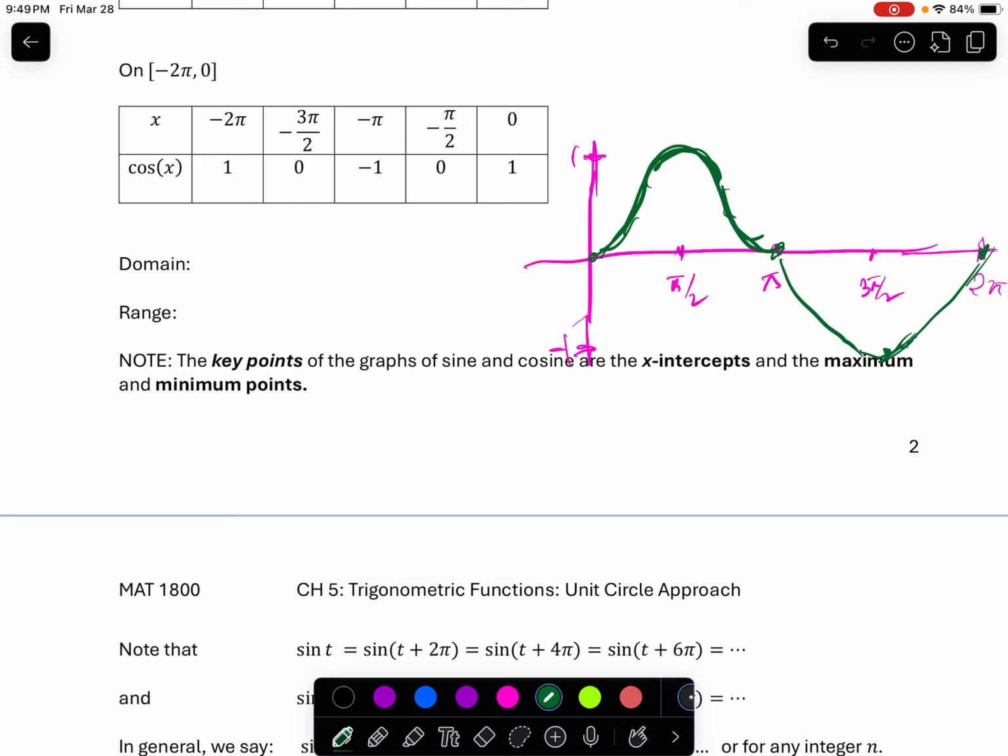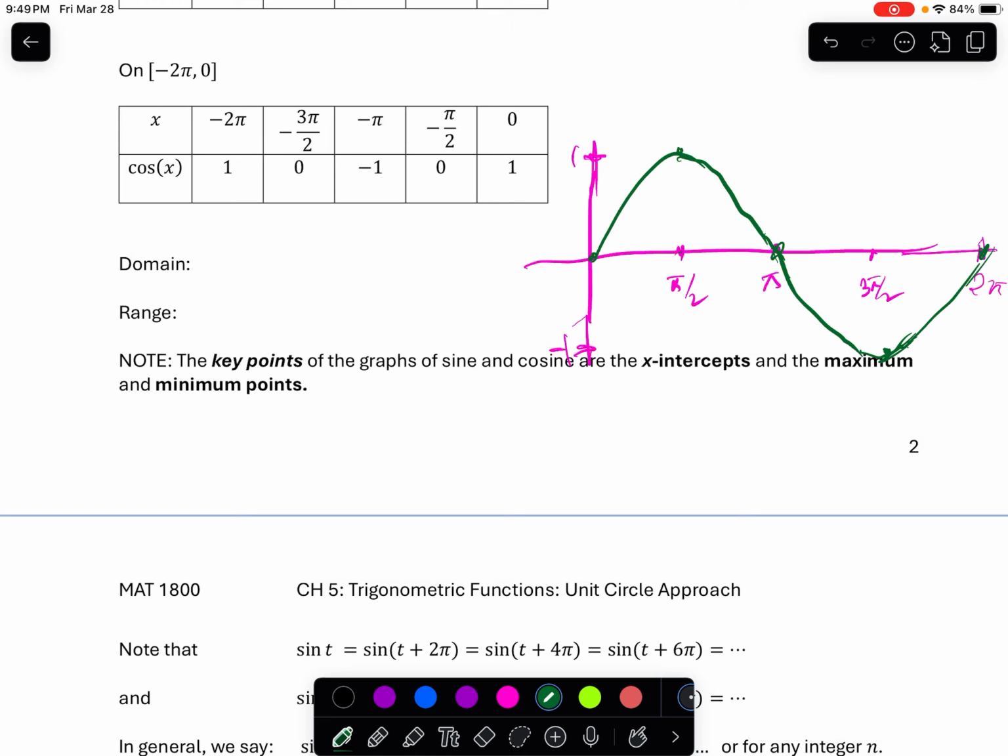That's not how these functions are. So it should be concave down all through until here, and then concave up from there.